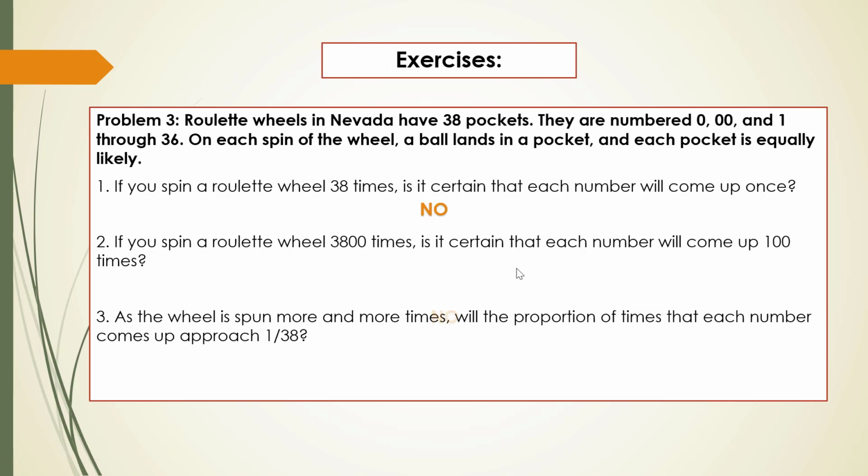So the answer is still no. Number 3, as the wheel is spun more and more times, so that means the number of spins is getting larger and larger, will the proportion of times its number comes up approach 1 over 38? The answer is yes. This is just due to the law of large numbers.